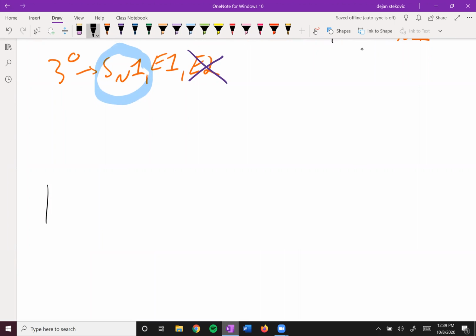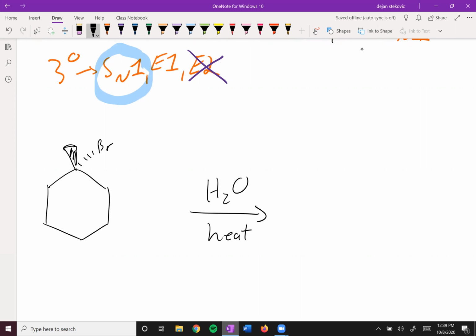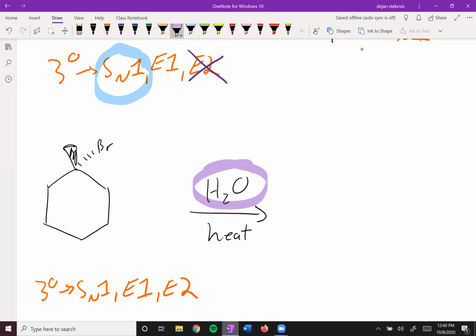Let's take a look at another example. First thing we're going to do is take a look at our substrate. We realize that our substrate is tertiary. And so again, that means SN1, E1, or E2. We take a look at our reagent. We have a weak base/nucleophile.